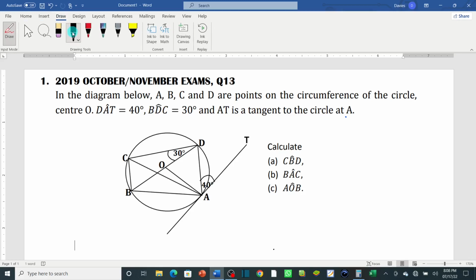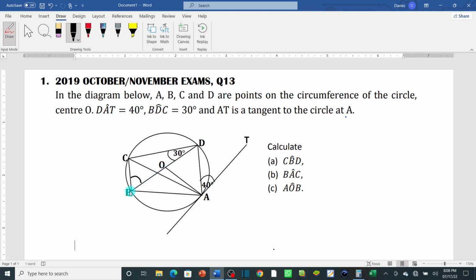All right, so let's start with the CBD. So we want to know CBD, this angle here. For us to know this angle, we need first to know this line here which passes through the center, because we have been told this center here.